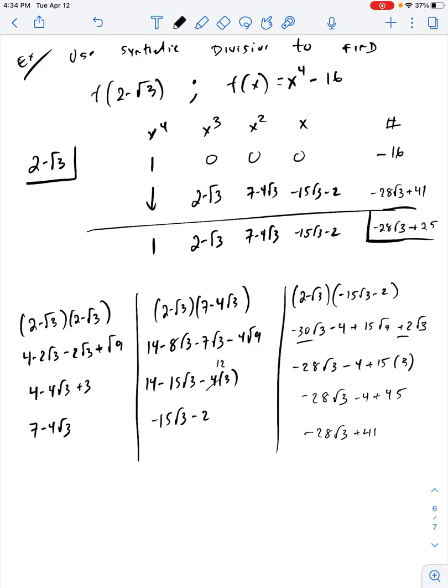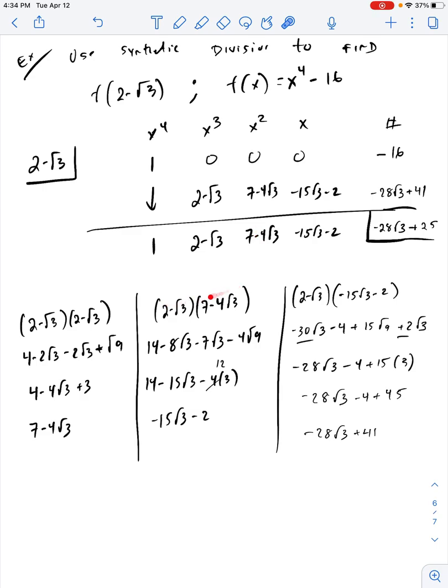So let's take a look. All right, we brought that down, we multiplied. We get 2 minus square root of 3, we add. So now we multiply these. That's 4. Okay. We get this, bring that up here, we add, and it comes down.